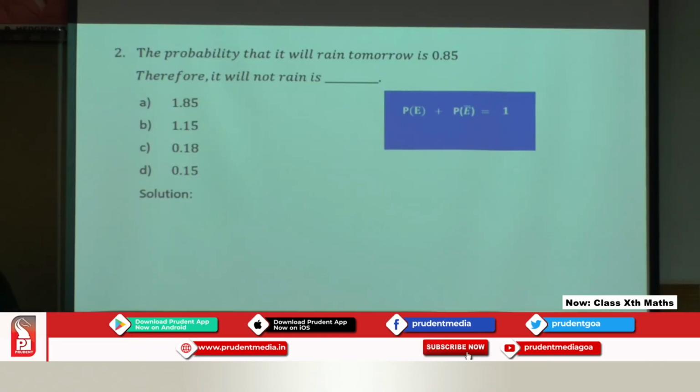We know that the probability of an event E plus the probability of an event not E equals 1. We can write this as probability of not E equals 1 minus probability of E. That means the probability it will not rain equals 1 minus the probability it will rain.